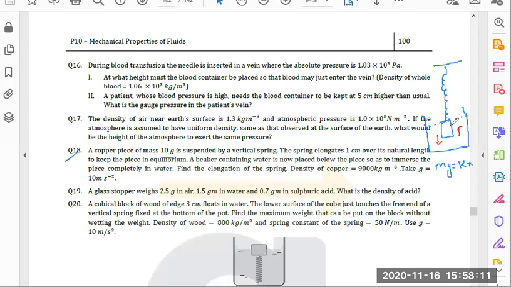And the elongation will be different. Yes or no? Think about it. Kx is in this direction, buoyancy is also in this direction. So I can say that kx dash plus buoyancy will give you mg.